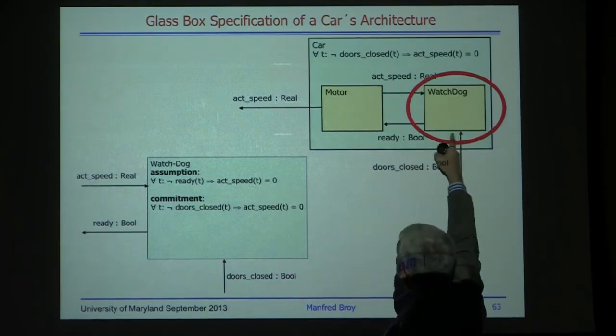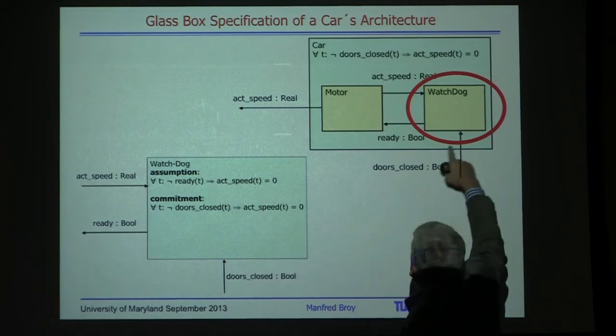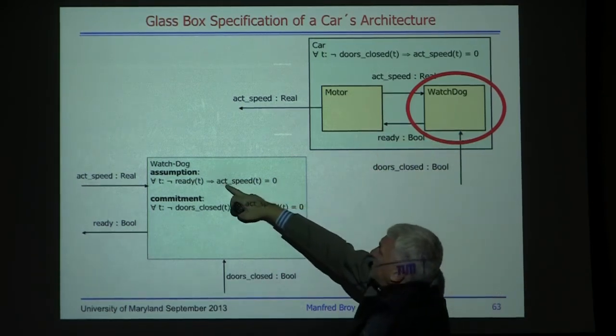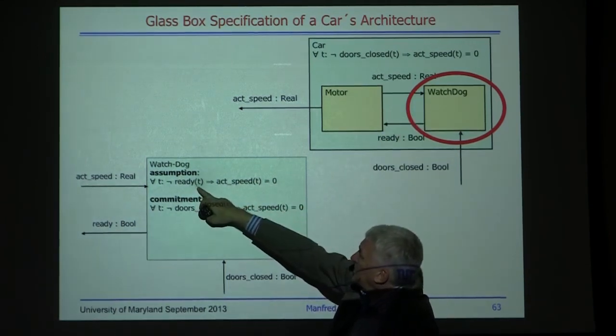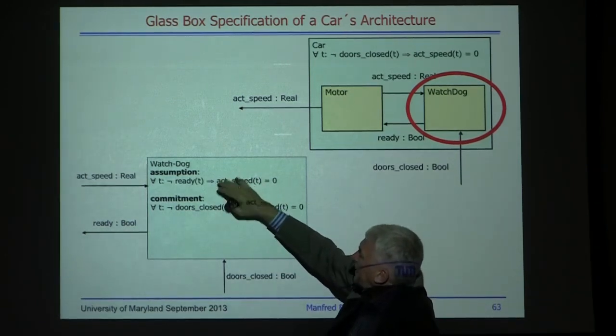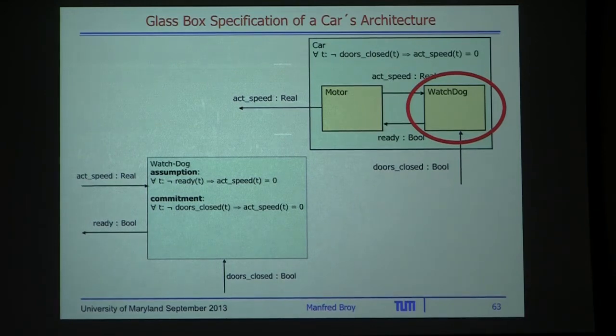You assume that when the system is not ready, and you see the watchdog is saying when the system is ready, the rest of the system guarantees, as long as the watchdog doesn't say the system is ready, the actual speed is 0. And under this assumption, the watchdog guarantees that if the doors are not closed, the actual speed is 0. So this is a classical safety condition.